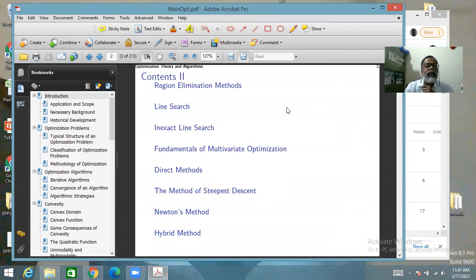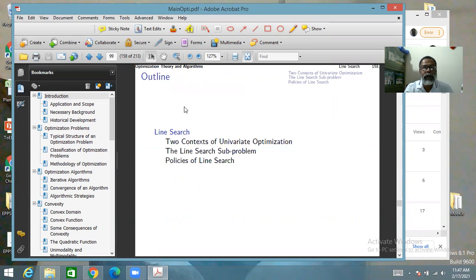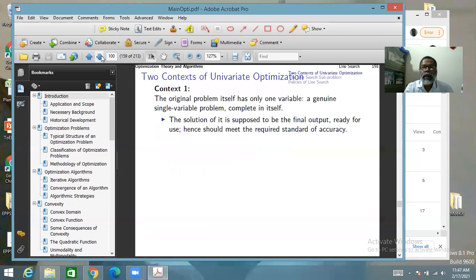In this lecture, we will discuss line search, which is essentially a single variable optimization issue that is useful in multivariate optimization. So till now we have seen single variable optimization, univariate optimization, only in one context, in which the problem itself has just one variable.